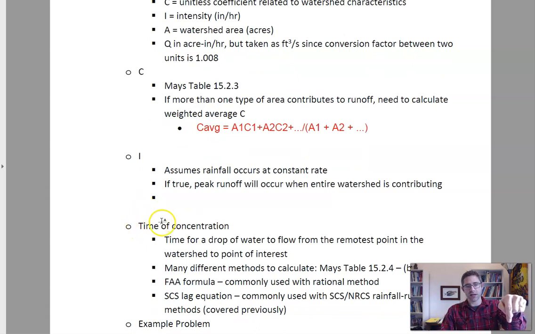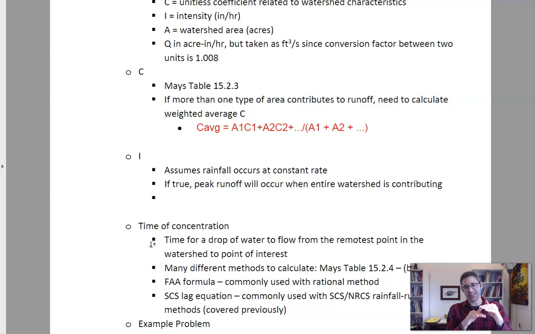So we can look down here at time of concentration. It's the time for a drop of water to flow from the remotest point in the watershed to the point of interest. Until that drop gets to the drain, the whole watershed is not contributing to the flow rate at the drain. So immediately after the storm starts, the flow rate is very low.